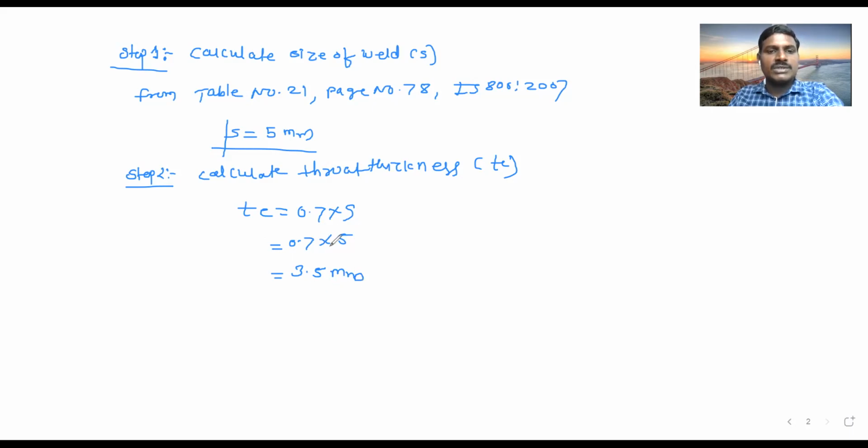Is this correct? Calculation 0.7 into 5. Correct? So now step 3. Do the calculations fast.